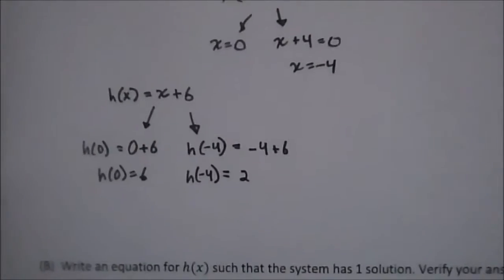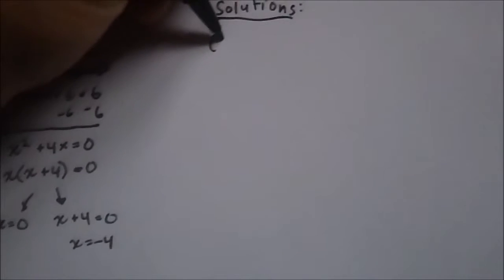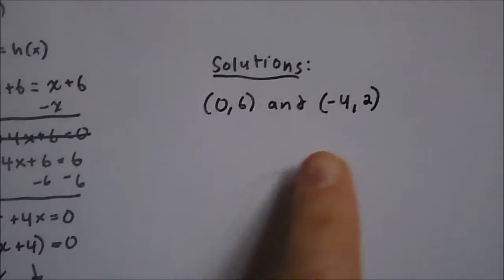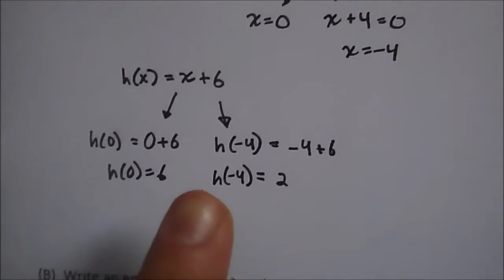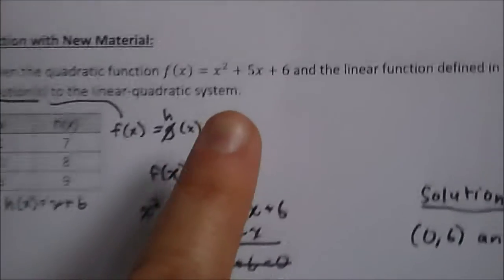This then tells me that my solutions are (0, 6) and (negative 4, 2). These are the points that satisfy both h of x and f of x.